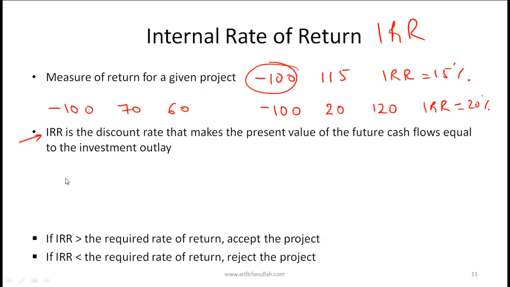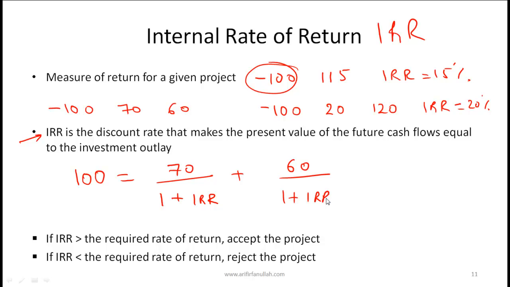So let's do it this way. What's the initial investment outlay? That is equal to 100. What's the present value of the future cash inflows? That's equal to 70 divided by 1 plus IRR, plus 60 over 1 plus IRR squared.